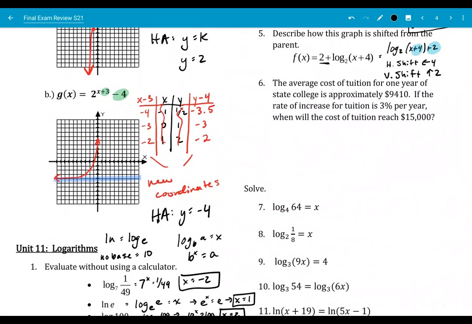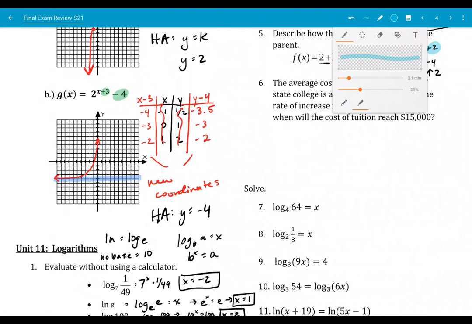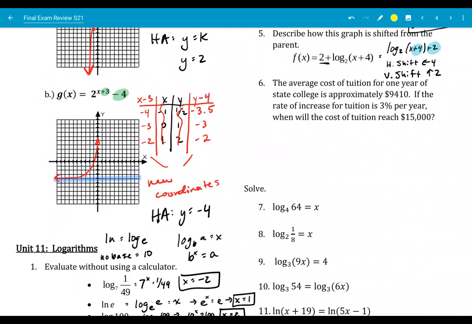For the word problems, make sure that you go back and review the word problems and those equations. The fact here is they give me my tuition, they give me my rate of increase, and they want to know when, that's the big thing there, the tuition is going to reach 15,000.